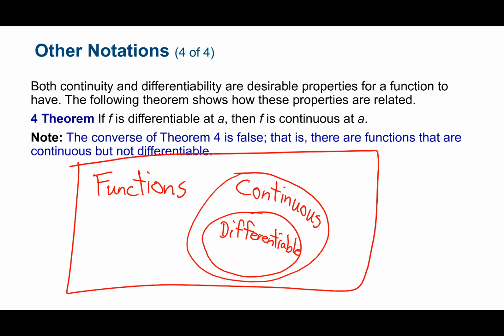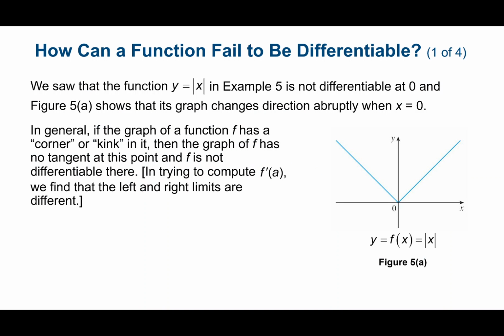So what are the things that make differentiability break down? We've seen one. If we have a corner, then definitely we've got some point where our function is not differentiable. The textbook calls it having a corner or a kink in our function.